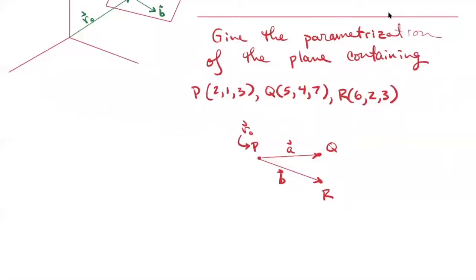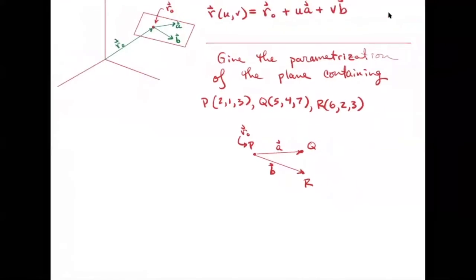Okay, so this is the same thing. Easy as it gets. So let's do A. A is going to be, let's say Q minus P. So you'll do 5 minus 2.